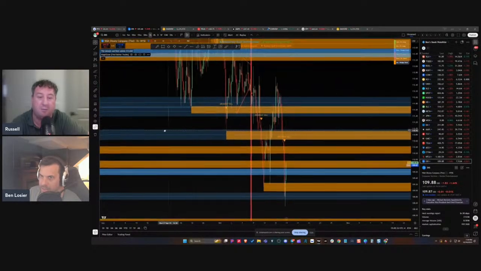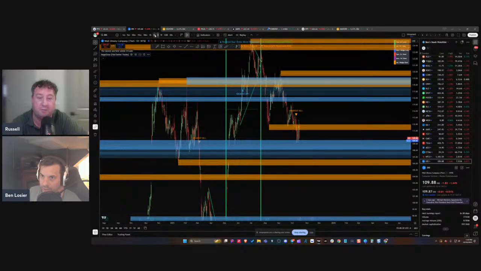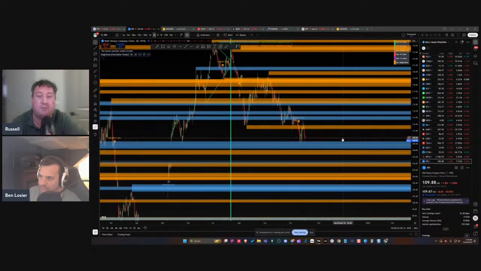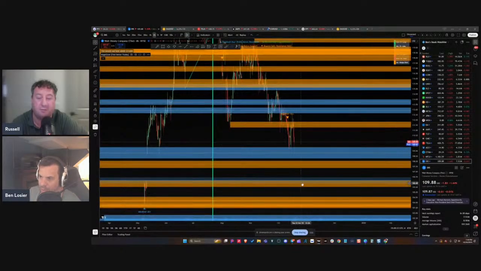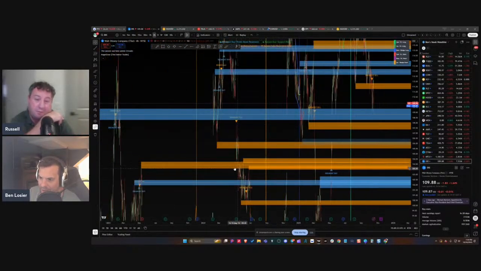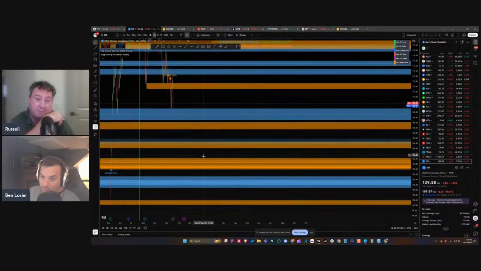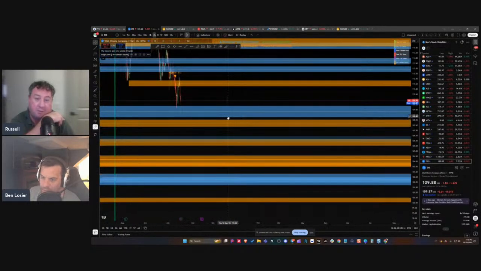Sometimes I'll do this on the daily or the 4 hour, on the higher timeframes, so you can get a visual representation: okay, there were a lot of different levels previously. Seeing this big chunk means that somewhere back here there were all these zones.